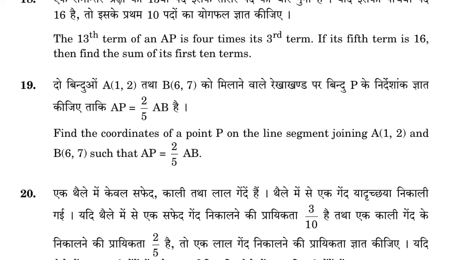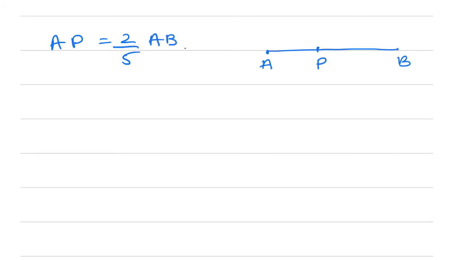Nineteenth question. In this question, we have a line segment AB, and we have to find the coordinates of P such that AP is equal to 2 by 5 AB.